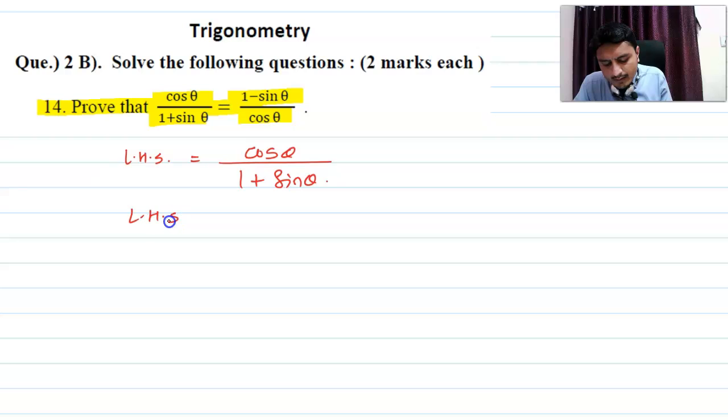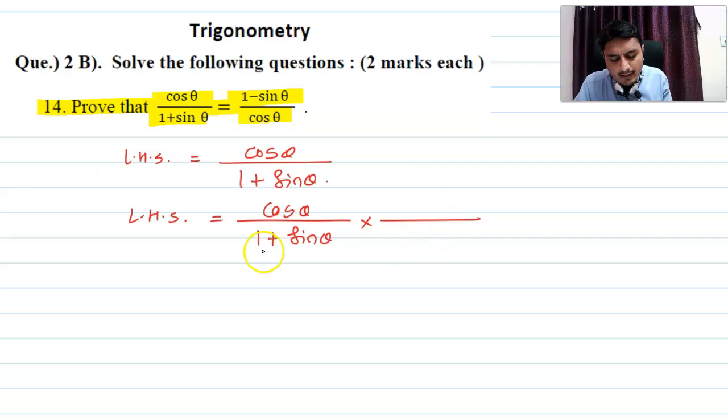Now we make the rationalization of the denominator, that means for a given rational we multiply and divide simultaneously by the conjugate of the denominator. The denominator is 1 plus sin theta, whose conjugate is 1 minus sin theta. So multiply and divide by 1 minus sin theta here.